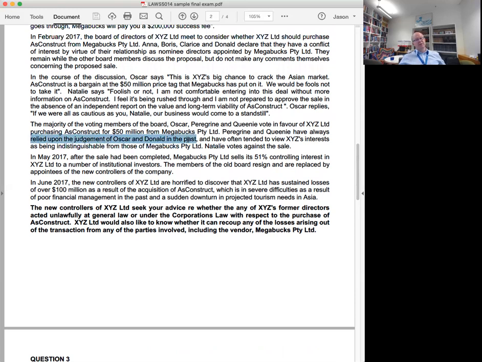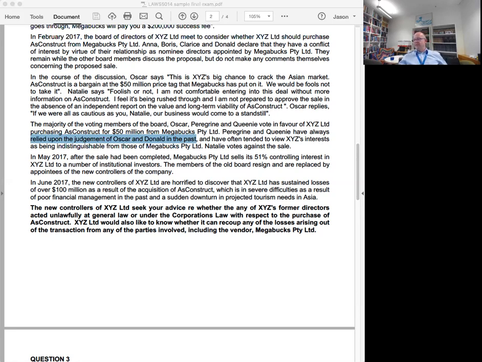They've always relied on the judgment. That doesn't mean that it's a blind reliance. So it might still be bringing an independent judgment to bear. And if we think about the reliance defence in 189, a director who relies on information prepared by an employee of the corporation, in this case Oscar as the managing director, or who relies on another director in relation to matters within the director's authority.